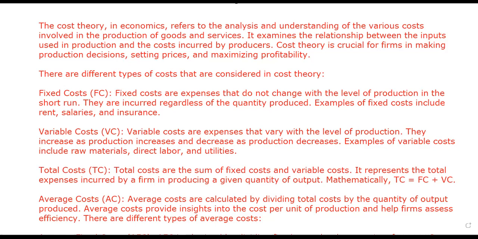We also have other costs that we would be interested in, and these costs are called average costs. We have average total cost, average fixed cost, and finally we have the marginal costs. So we need to understand these costs in their context before we go into the computations.